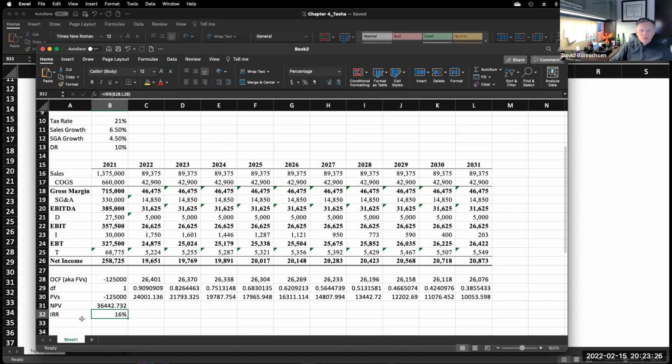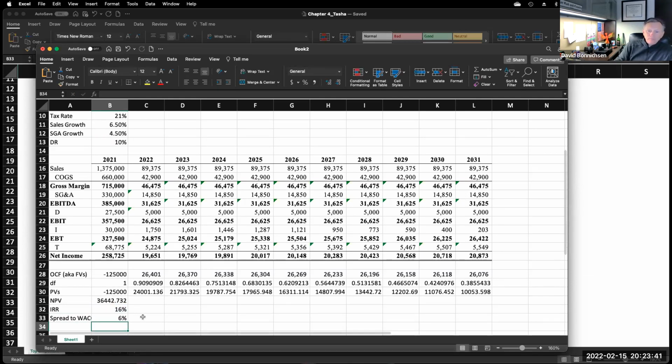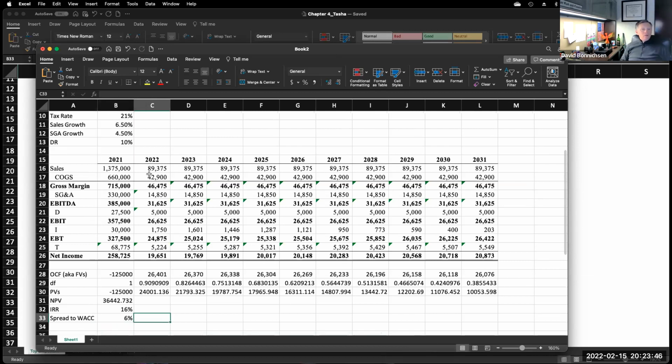Our spread to WACC, this is important, is equal to our internal rate of return minus our discount rate. And next week, we'll get into why this particular variable is so important. But what you need to know for tonight is the internal rate of return is the required rate of return that is needed in order to set the net present value to zero.